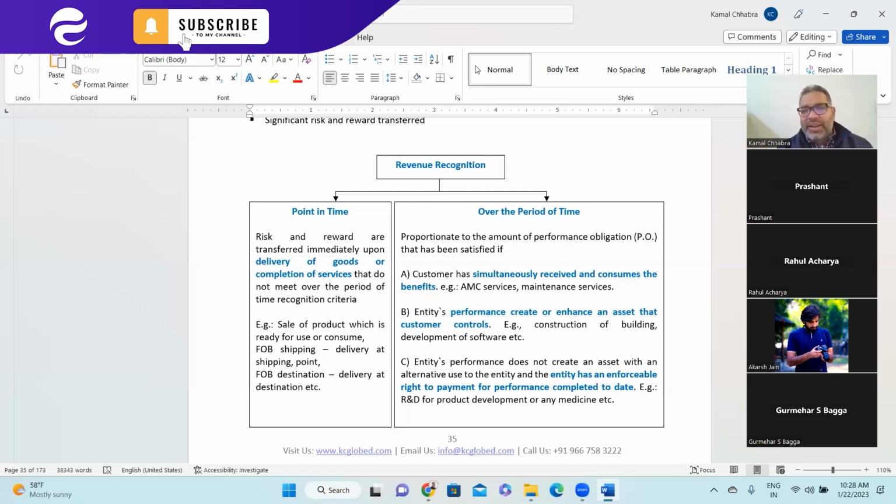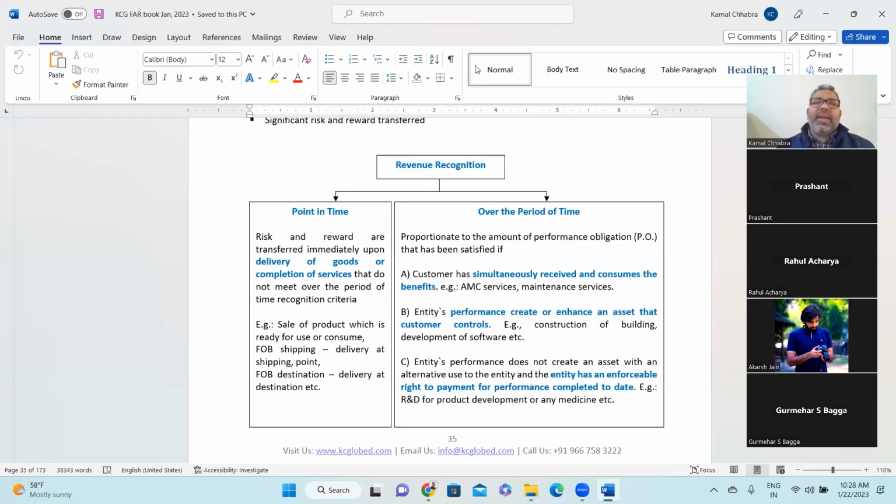That is, point in time is a residual way. Make sense? Always first we need to look at the over-a-period-of-time criteria. If it is matching, then you recognize the revenue over a period of time. If it is not matching, then automatically it falls into point in time criteria. Make sense?